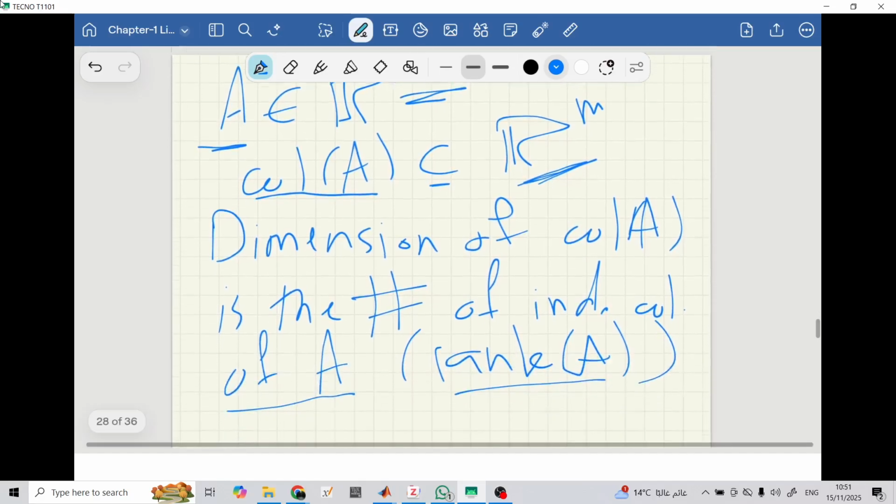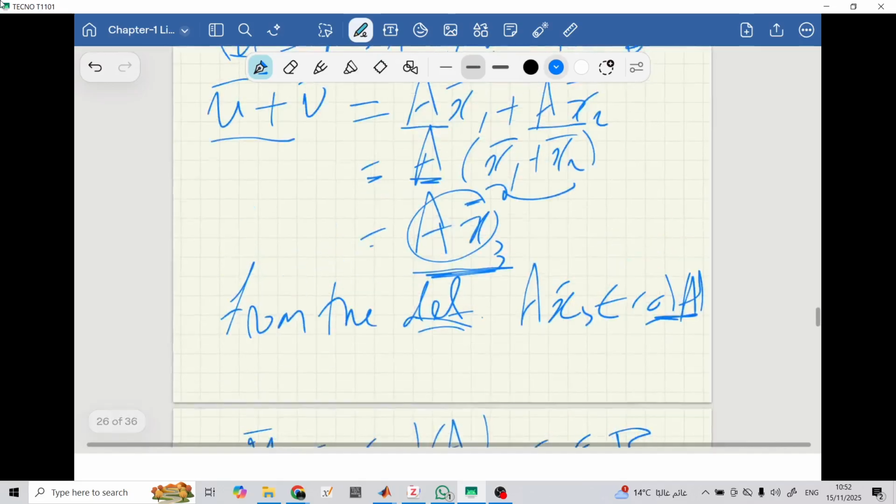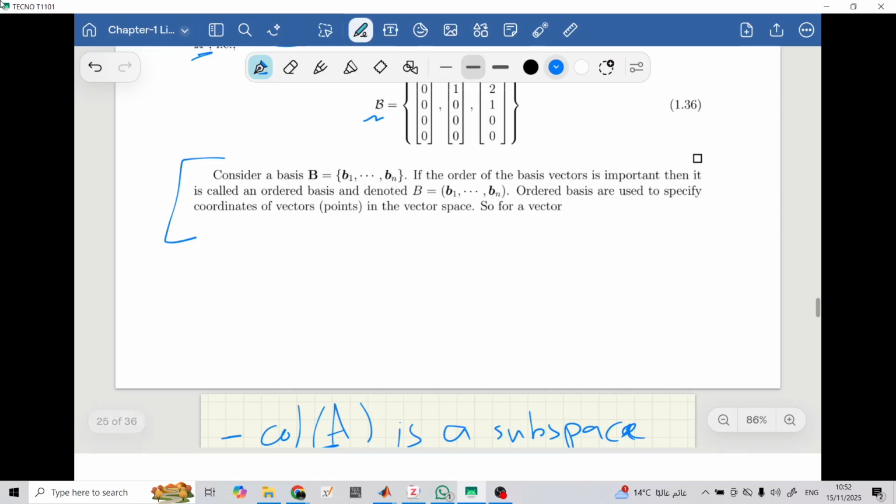The dimension of the column space is the number of independent columns of A, which is the same as the rank of A. So let's get back to the notes here and return to this bit.